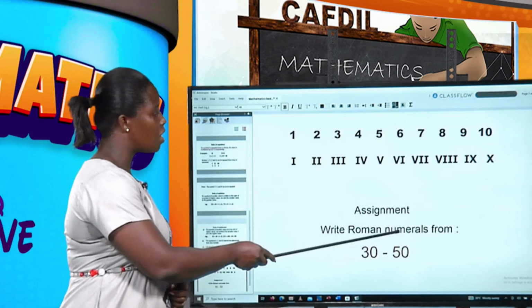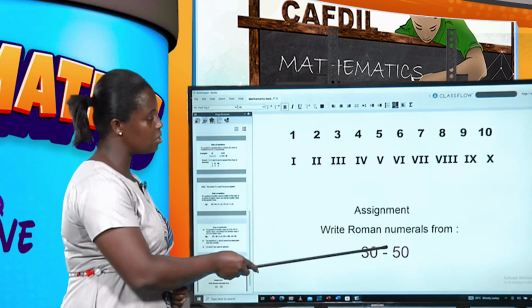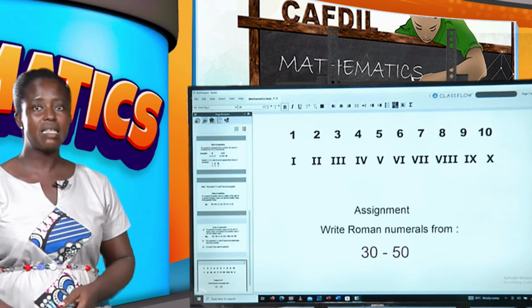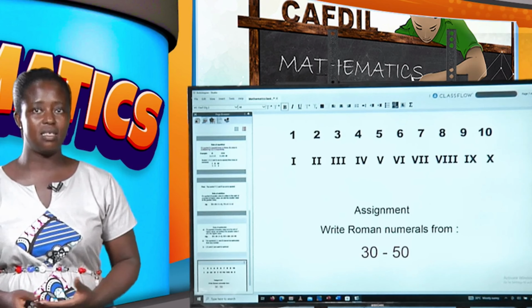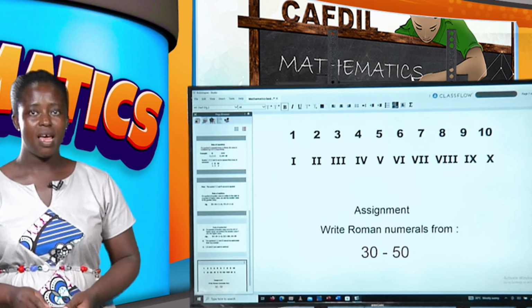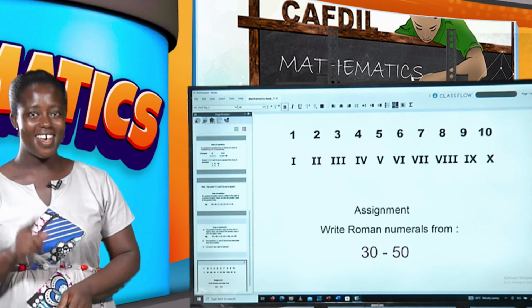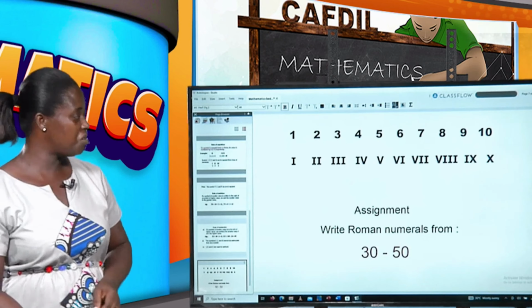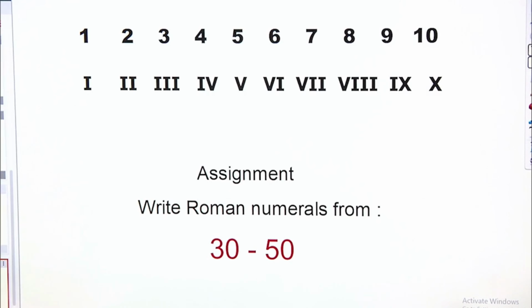Write Roman numerals from 30 to 50. Just start from 30. How do we write 30 in Roman numerals? XXX. Then you continue up to 50. Follow the main characters and then you are good to go.